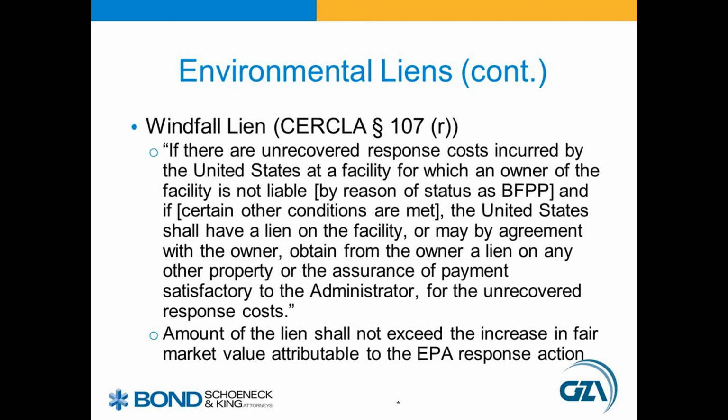So that means that that particular piece of property now at the end of the remedial action is now more valuable. And so CERCLA Section 107(r) says that EPA is entitled to grab that delta, that amount of additional value as a result of the cleanup. And again, this is referred to as a windfall lien, and that is an opportunity for the EPA, but again, not one, at least at this point, that I have seen.